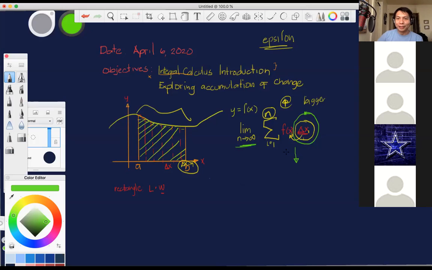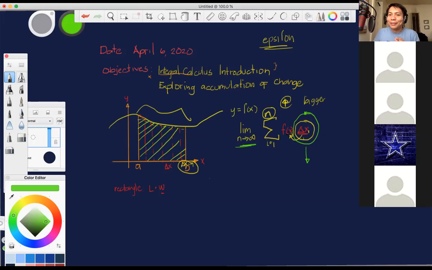What happens to our delta x if we make it very, very small? Like what happens to the exponents around it, or what happens to delta x itself? What's the other symbol when we try to make it approach zero?